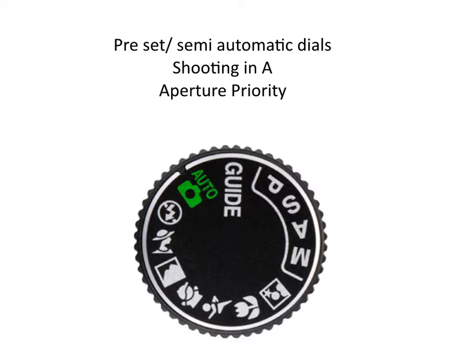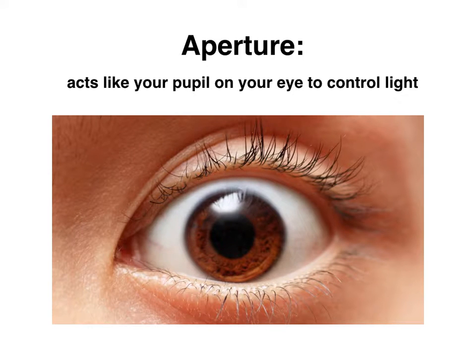If you put your camera in A mode, you are going to be able to choose the aperture setting. So today we're going to talk about what the aperture is, what it does, what it controls, and what it allows you to do creatively. We're going to shoot in aperture priority mode, or A.